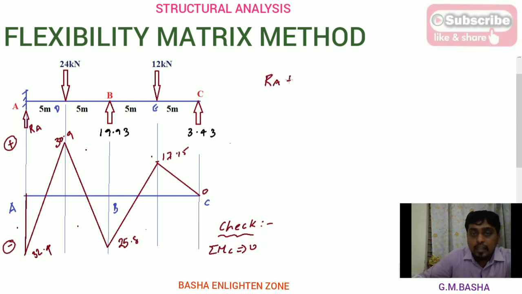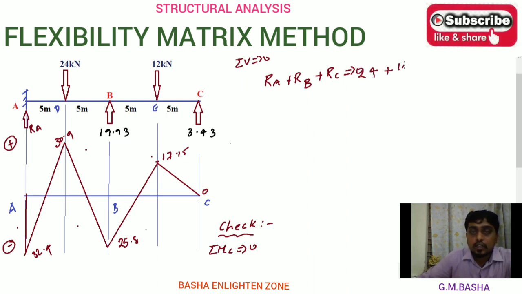So sigma V will be equal to 0, sum of the vertical loads on the spans. RA plus RB plus RC will be equal to downward loads which is acting, means 24 plus 12 kilonewtons.